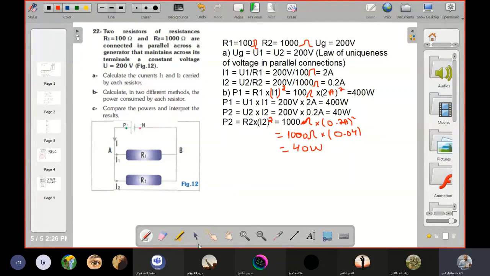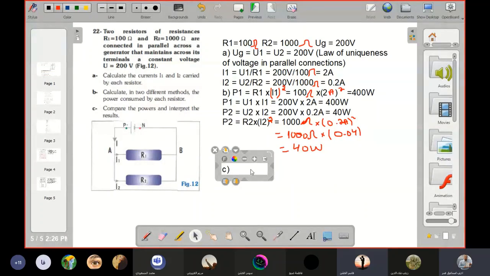Part C. Compare the powers and interpret the result. First, let's compare. P1 is greater than P2.